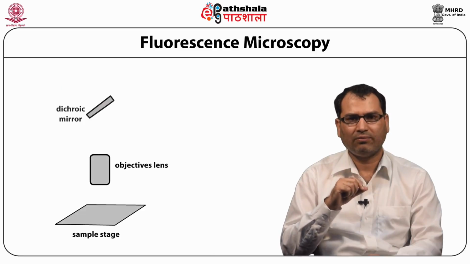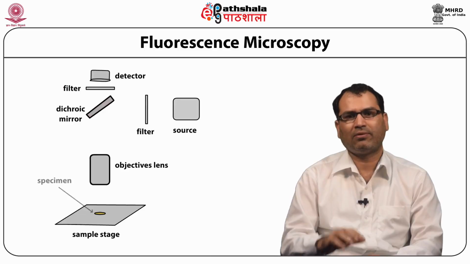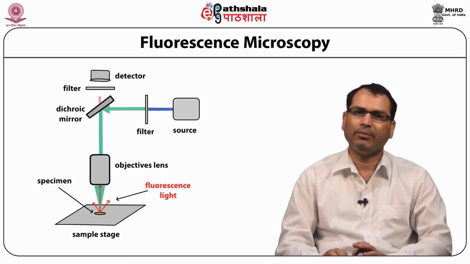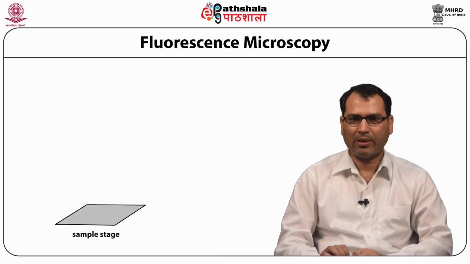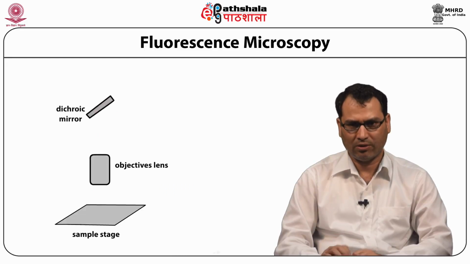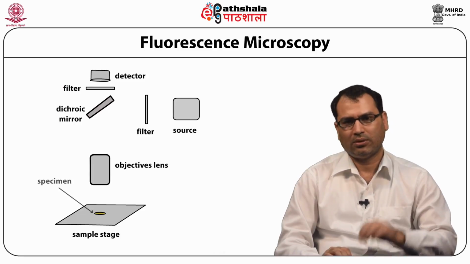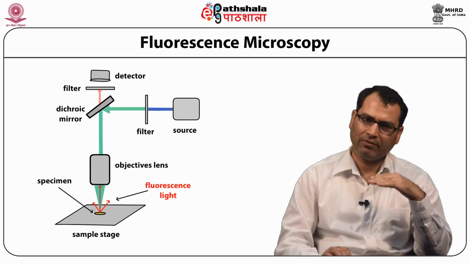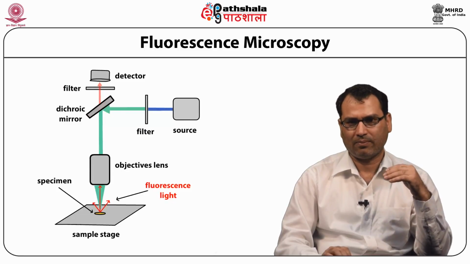And generally in fluorescence microscopy, staining of the samples with specific fluorophore molecules is required. As shown here in the image on the right-hand side, this is a fluorescence microscope working in the inverted geometry, meaning you are exciting the sample from the top and collecting the light which is coming from the same side of the sample.